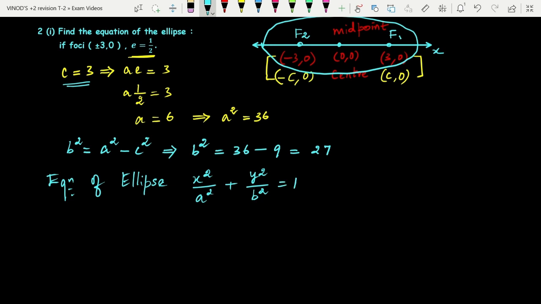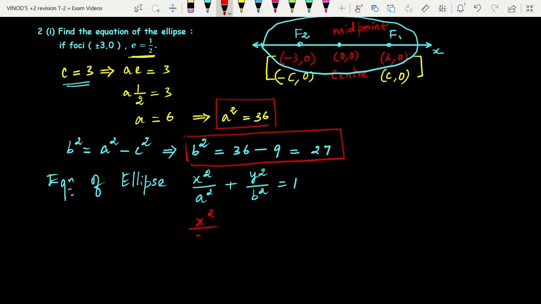Here, what is your a square value? a square value is 36 and b square value is 27. So x square by 36 plus y square by 27 equal to 1 is the equation of the ellipse.